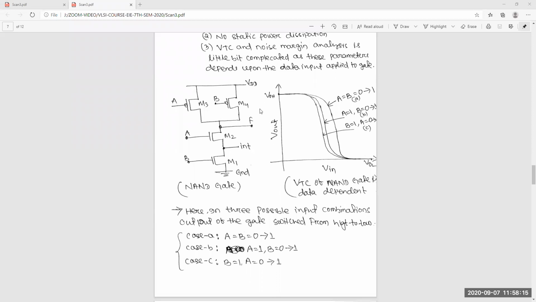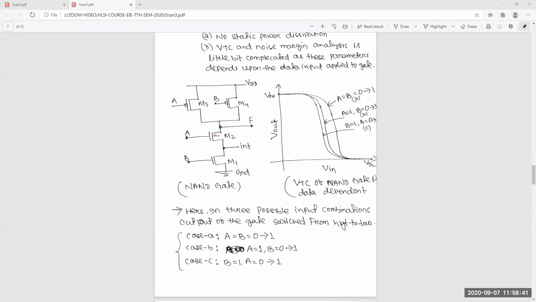Sir, if we are considering the body effect, then the M1 substrate is also not connected to ground there. No, the M1 substrate I have not shown here, but it is ground. The NMOS substrate is ground, so implicitly it is ground actually.